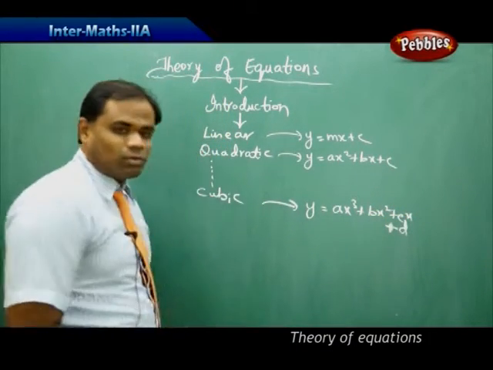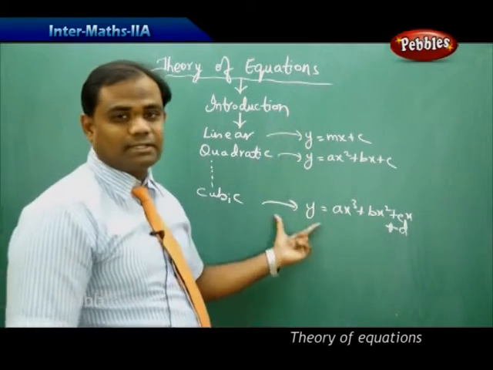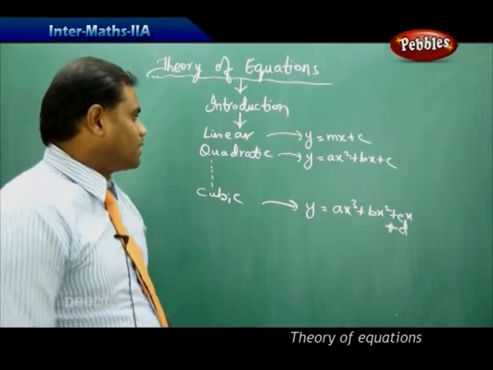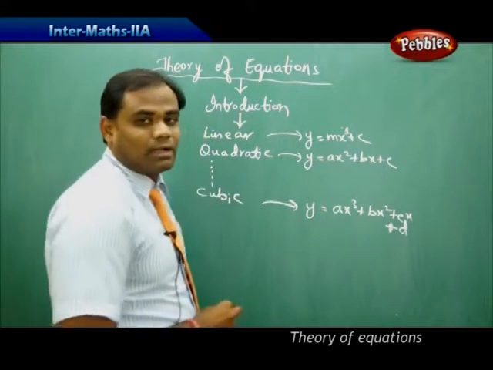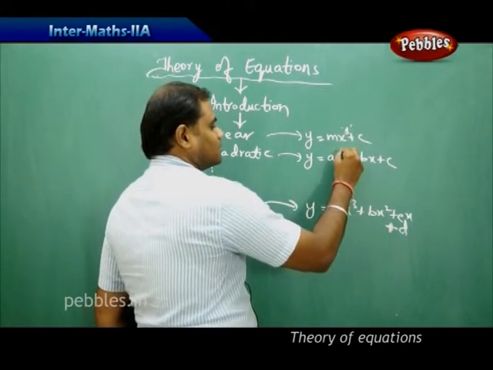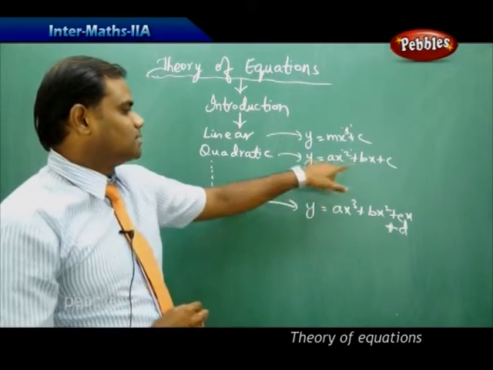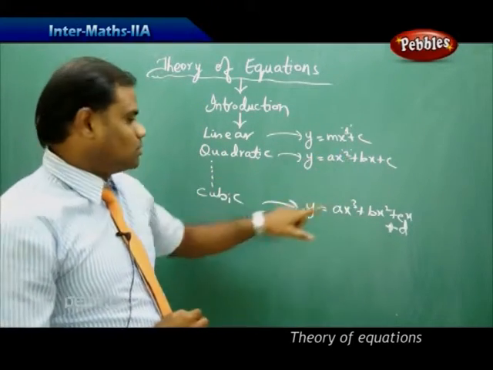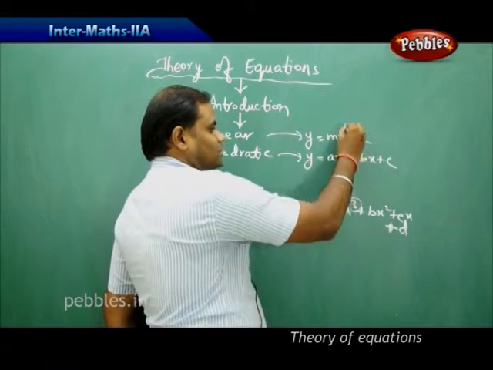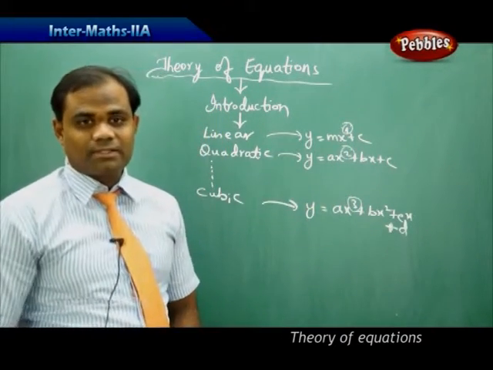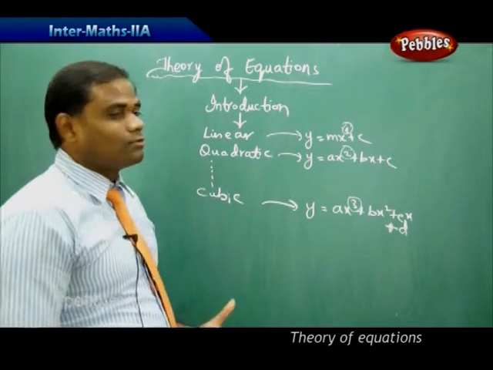Then there is one common property which I identify in each of these. In linear, the power of the variable x is 1, for quadratic the highest power of the variable is 2, and in cubic the highest power is 3. So the highest power of x decides the different types of equations.